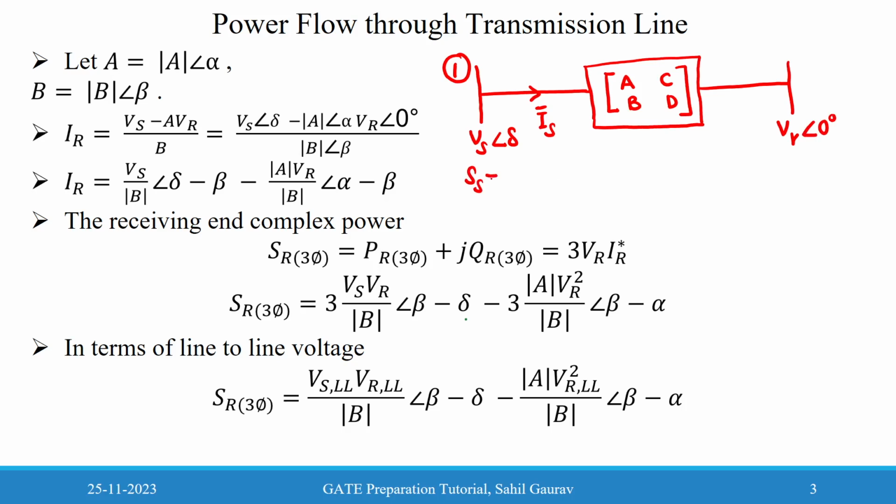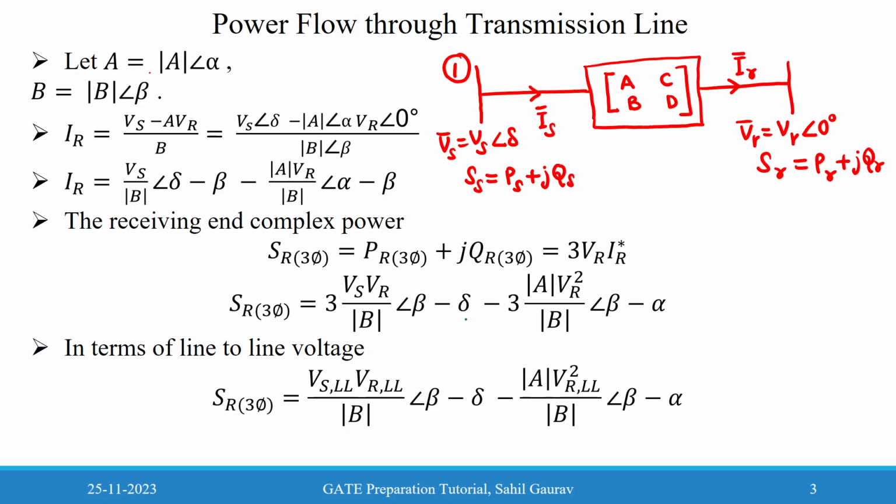The sending end apparent power is active power plus j Qs reactive power, and the receiving end power will be PR plus jQR, and this is IR. Vs is equal to Vs at angle delta, and VR is equal to VR at angle 0. We are taking the receiving end voltage as reference.